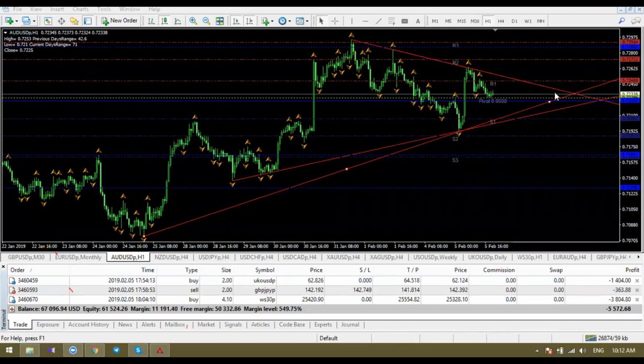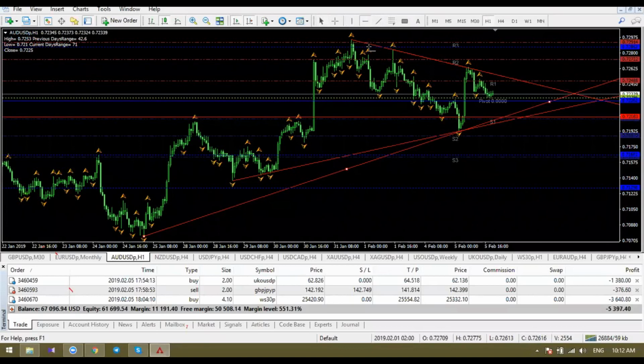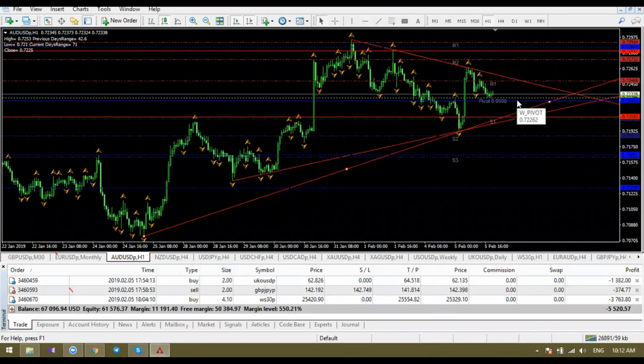When your trend line is like this, it means that it's a sideways trend. It means that right now my trend line is sideways. It's moving in a straight direction. So this straight direction has gotten its wave.